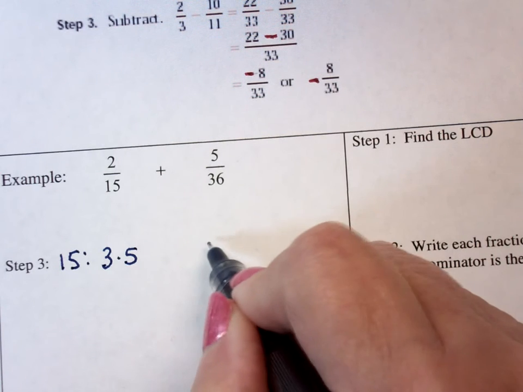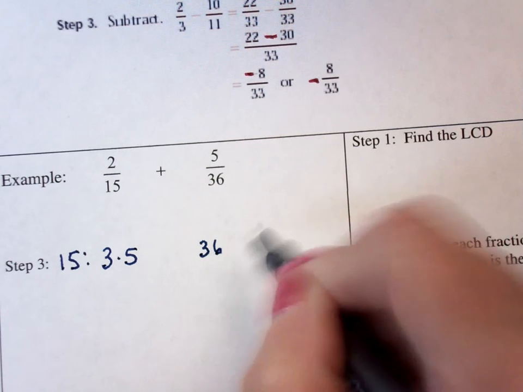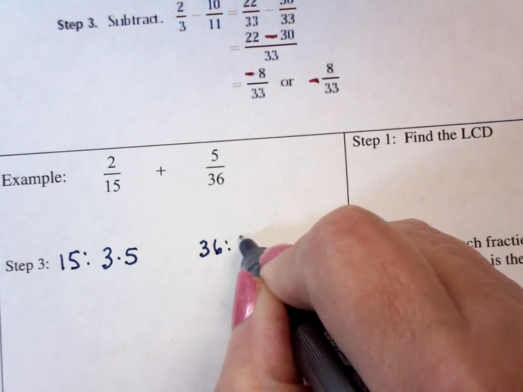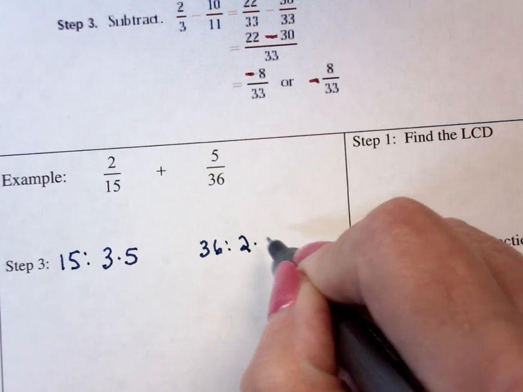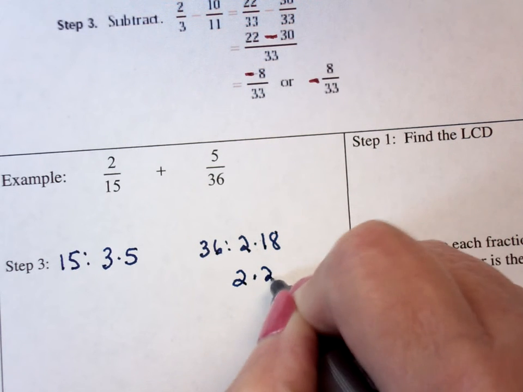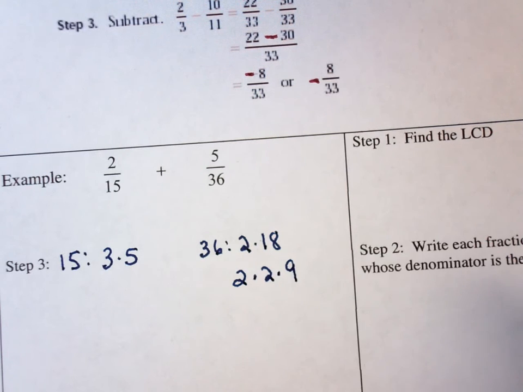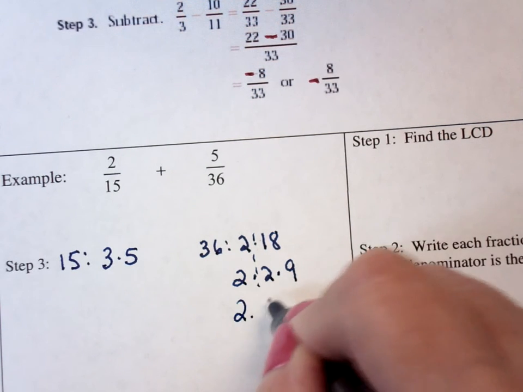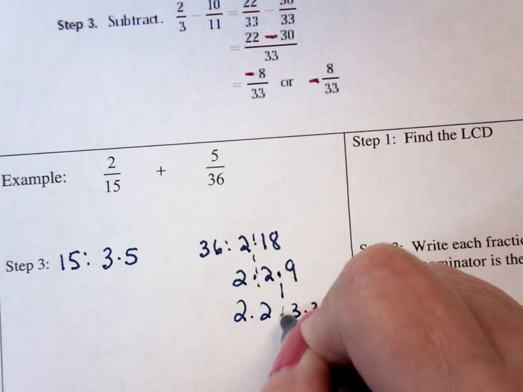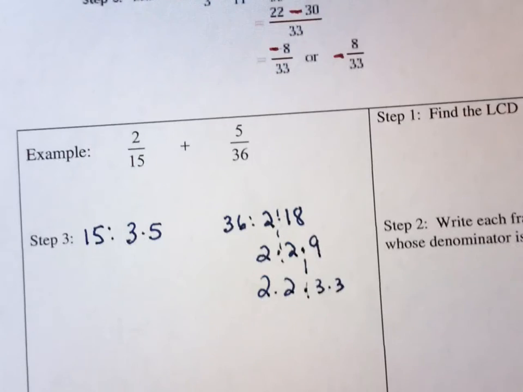The second denominator is 36, and 36 is not so easy for me. This is 2 times 18, which is 2 times 2 times 9, because 18 is 2 times 9, and 9 is 3 times 3. So 2 times 2 times 3 times 3.